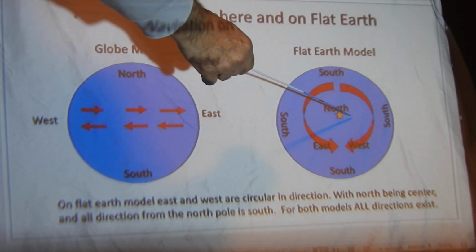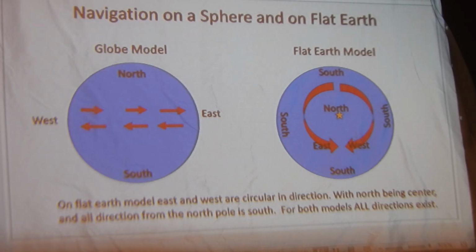Again, the north being in the center, being the magnetic center. So that compass will draw you in a circle just as it would on the globe model, going east or west, depending on your direction or your compass bearing. Very simple, but again, we need to know our cardinal directions, and we need to know how our navigation works. Both models have all directions.